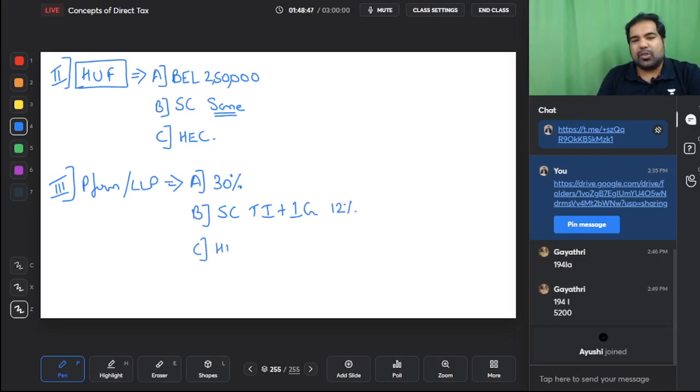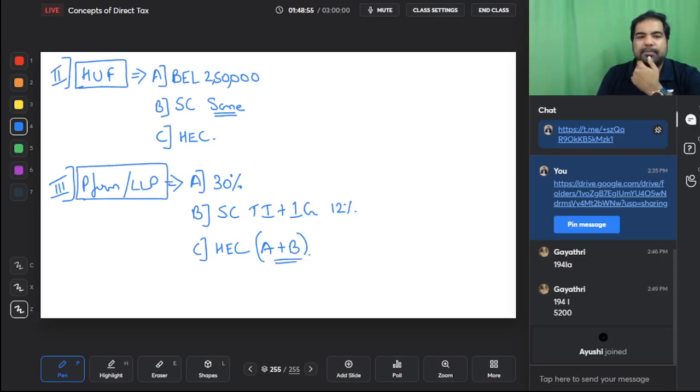And C, HEC, is basically nothing but 4% of A plus B. So that is your partnership firm LLP. Sorry, not question number, serial number 3, partnership firm LLP. Again guys, here also marginal relief. If your total income is just above 1 crore, then you'll have to check for marginal relief.